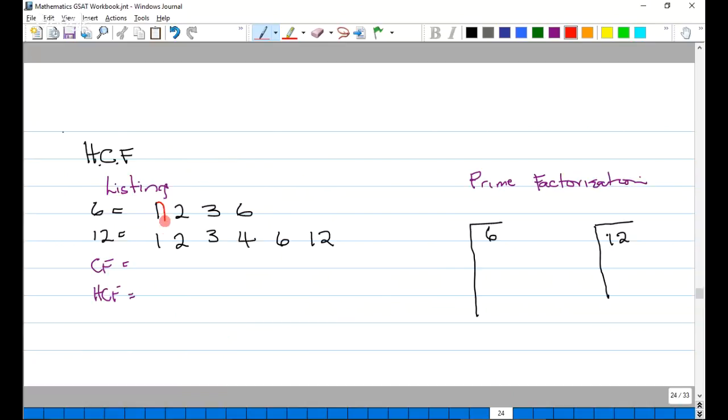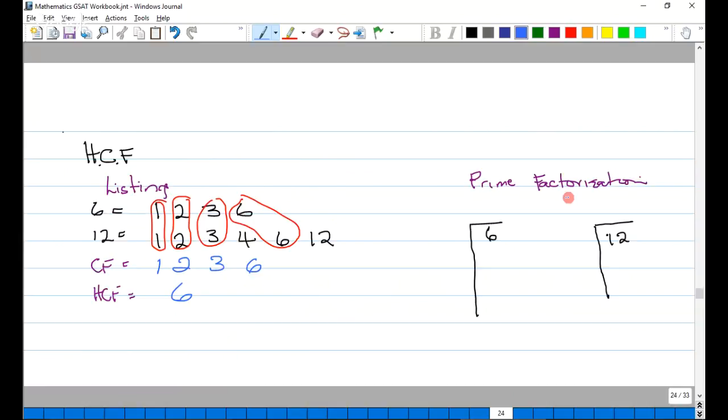What is common? 1, 2, 3, and 6. So let's write these. So 1 is common, 2, 3, and 6. What is the highest common factor? 6. What method is this again? Listing method.